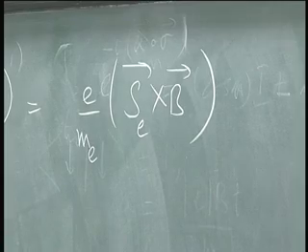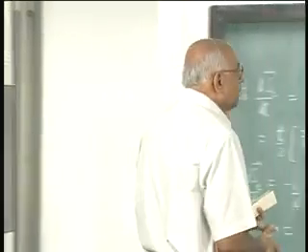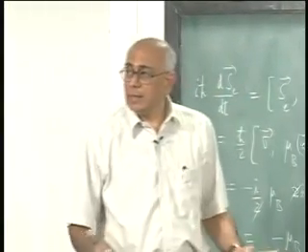Okay. Therefore again you have precessional motion, but what is the frequency of precession? It is e over m and not e over 2m, and the reason for this difference was because of the g factor of the electron. So the precessional motion still appears, it is exactly the same as before.